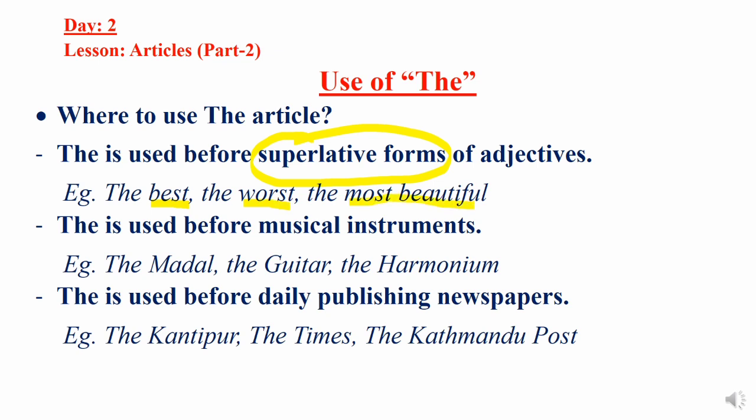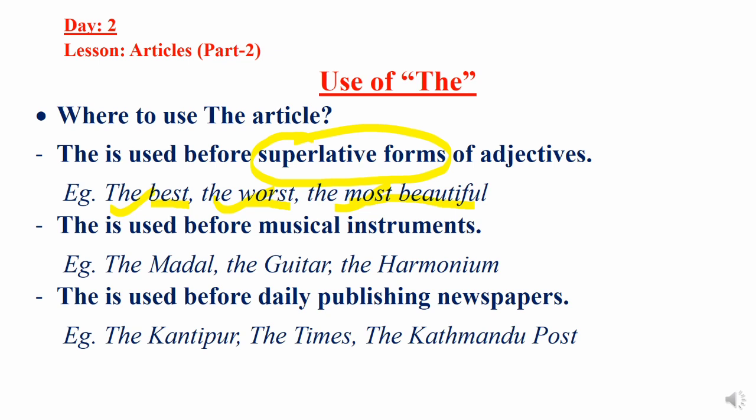These all are superlative degrees of adjectives. You can add some more also: most expensive, cleverest, tallest, smallest. Before the superlative form of an adjective we use the article: the best, the worst, the most beautiful.